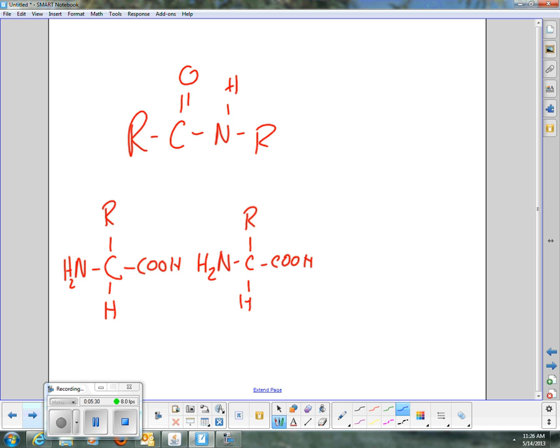And what happens is one of those hydrogens comes off here and mixes with the OH on here and forms water. So that's how we get this bond. And one of those bonds is known as a peptide bond. Okay? Everybody good with that? So if we have a dipeptide bond, what does that mean? How many amino acids are in a dipeptide bond?